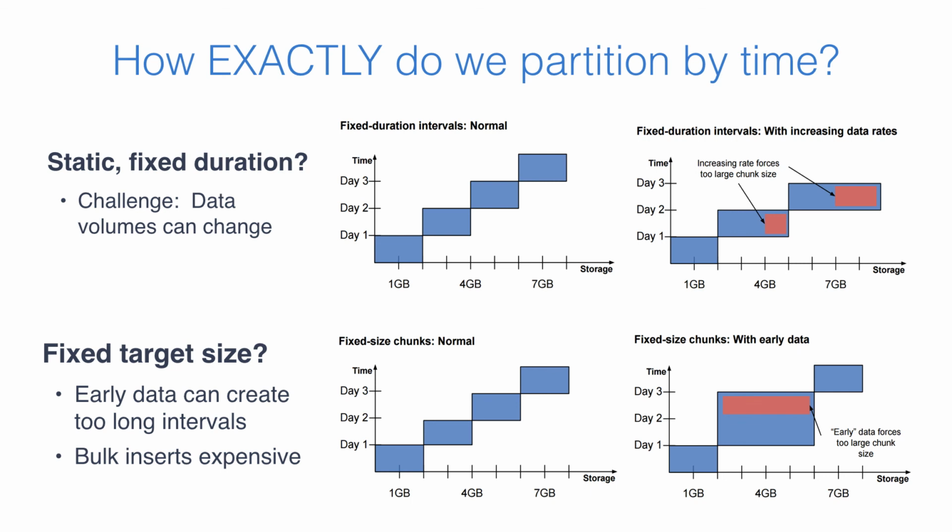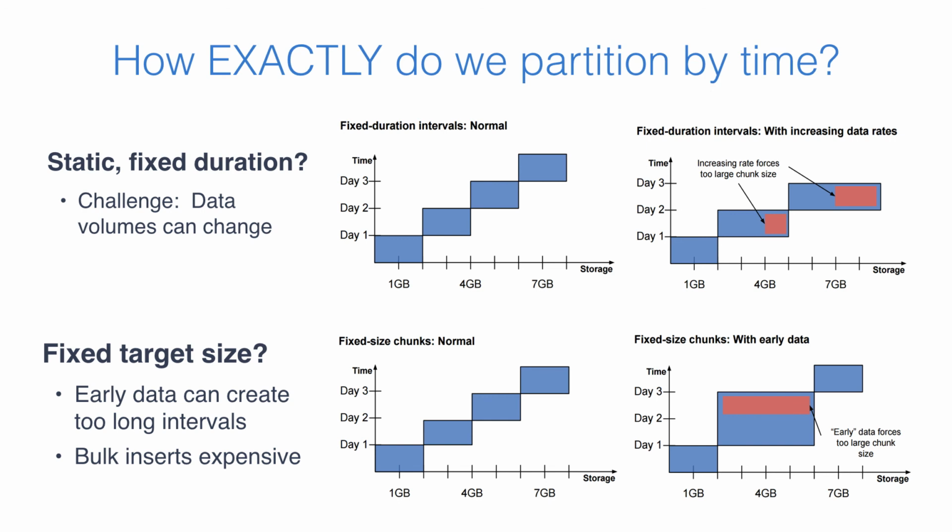And if it's not too big, I just expand the chunk to include that time period. Well, this doesn't work for late data, because you might have data arriving on the edges of your chunk, say on day 1 and day 3, and much later you have the stuff in the middle. So you might have already created a chunk that spans 2 days, and now you're stuck. You have to fill it up, and if it's too big, it's too big, and it won't fit in memory anymore.